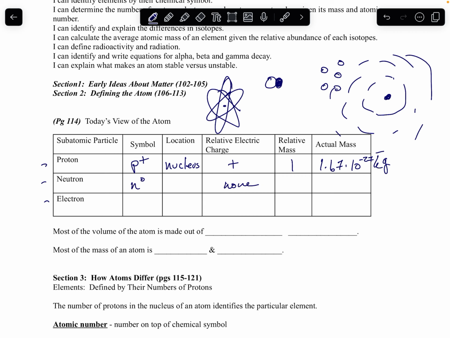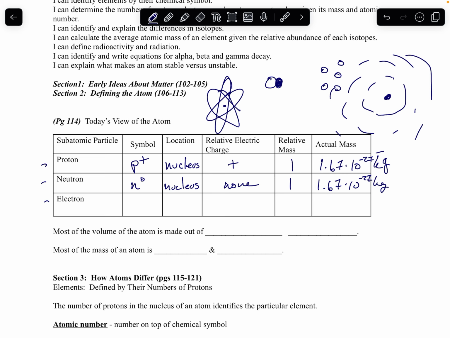Their symbol is N with a 0 because it's no charge. They are also in the nucleus, in that central part. Their relative mass is the same as a proton, a 1-to-1 mass. The actual mass, therefore, is 1.67 times 10 to the negative 27 kilograms as well.